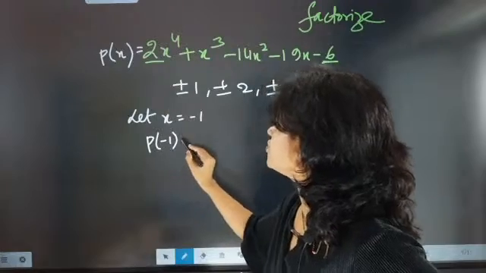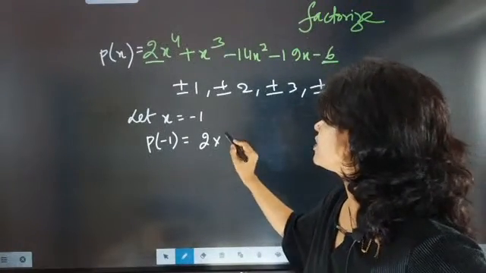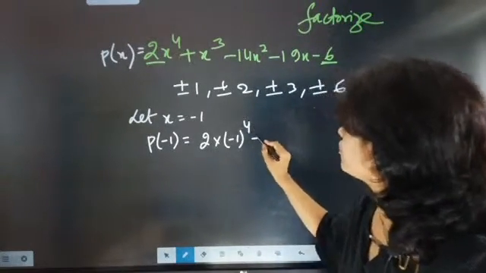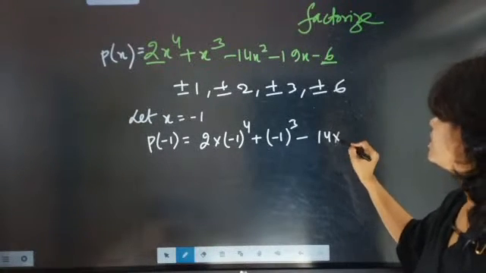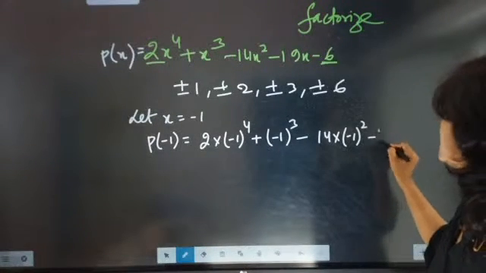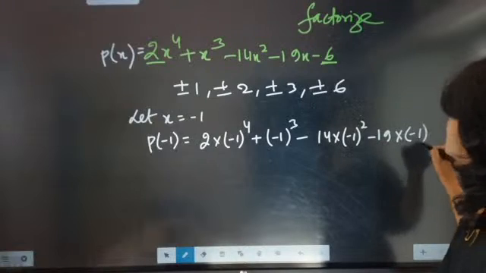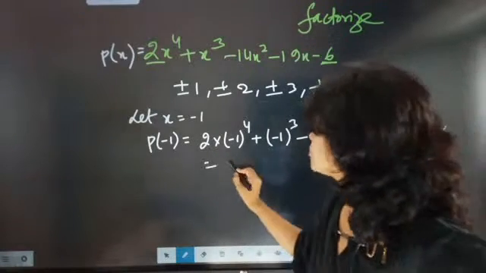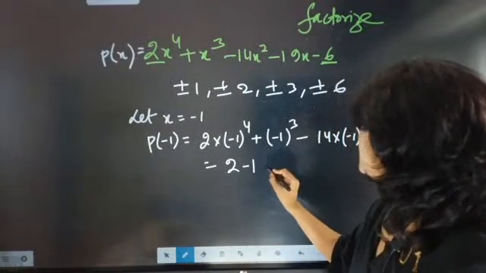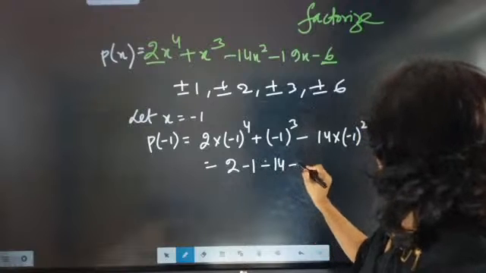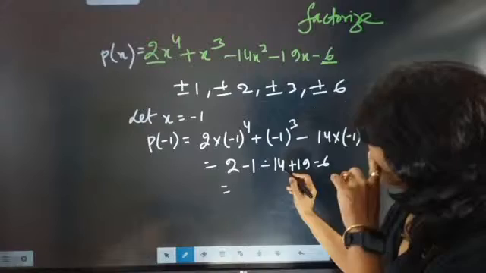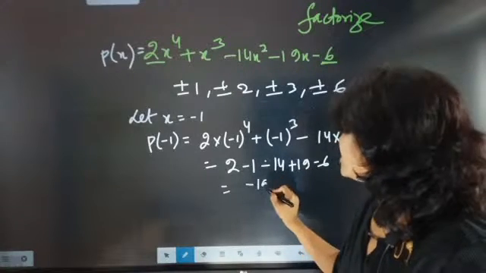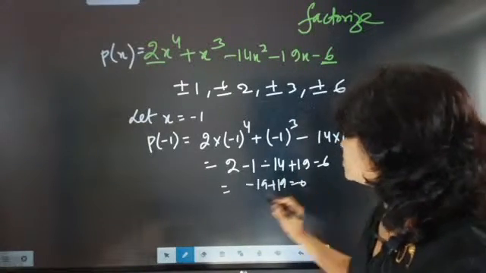When you substitute, p of minus 1 will become 2 into minus 1 to the power 4 plus minus 1 cube minus 14 into minus 1 square minus 19 into minus 1 minus 6. So it is going to be 2 minus 1 minus 14 plus 19 minus 6. So it is 1 minus 14, then minus 13 plus 19 minus 6 is equal to 0.